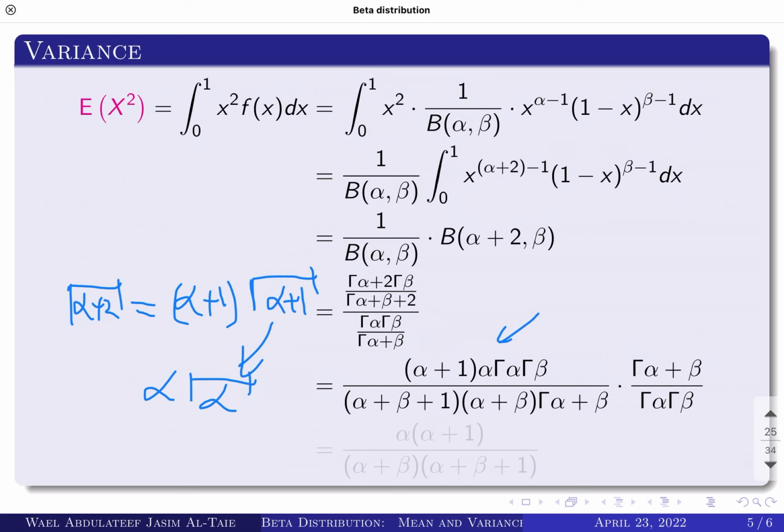So gamma of alpha plus 2 is just equal to alpha plus 1 times alpha times gamma of alpha.